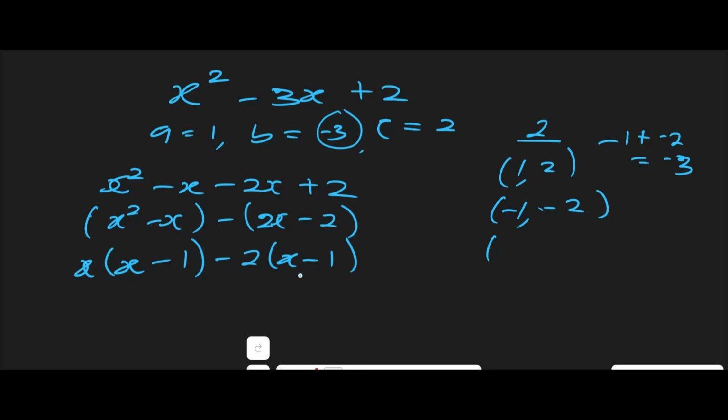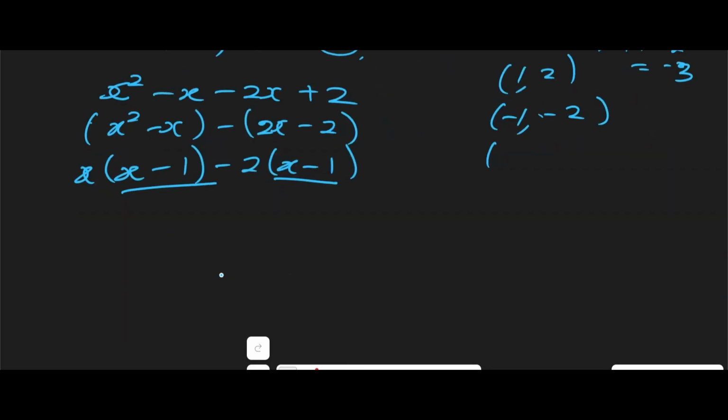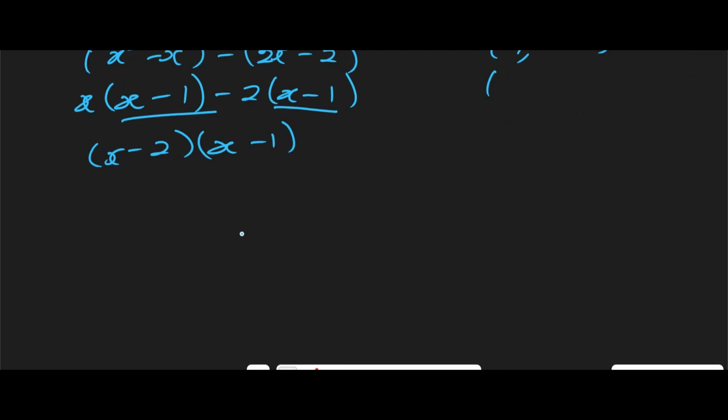The terms in the bracket are the same. So let's write our final expression. So we take the terms outside. We have x minus 2, and then we take one of these terms in the bracket. So that's the final expression, the final answer.